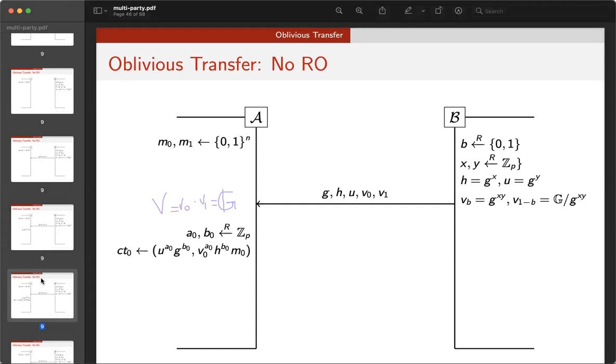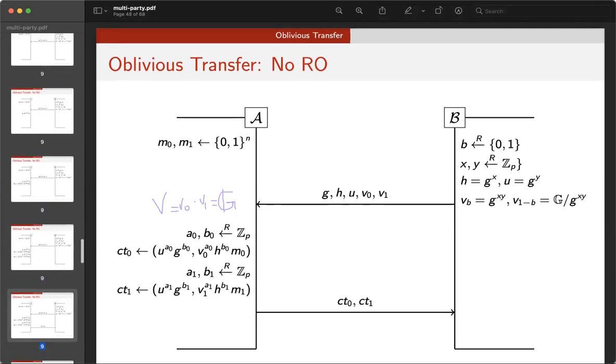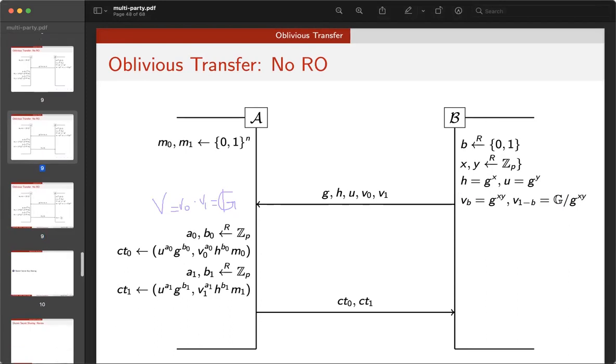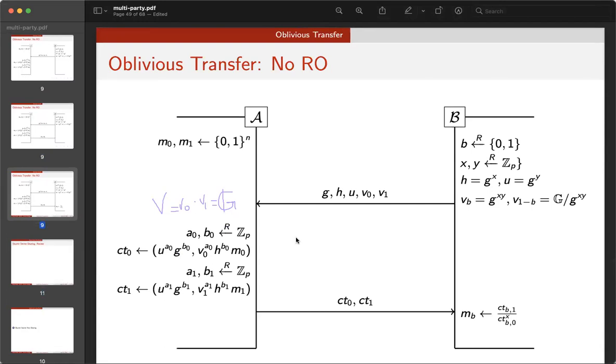Then she samples 2 random values, A0, B0, to calculate ciphertext 0 and ciphertext 1. Then these ciphertexts are sent back over as CT0 and CT1. And then the message is this division.